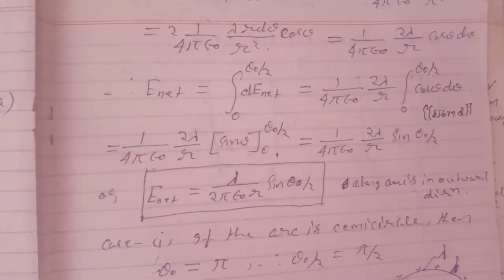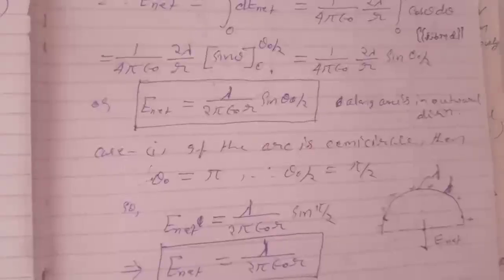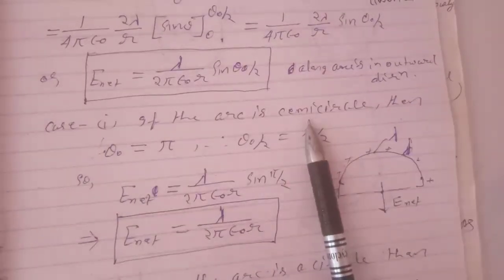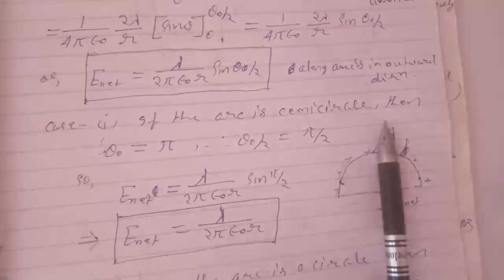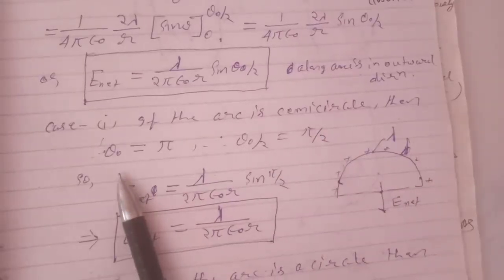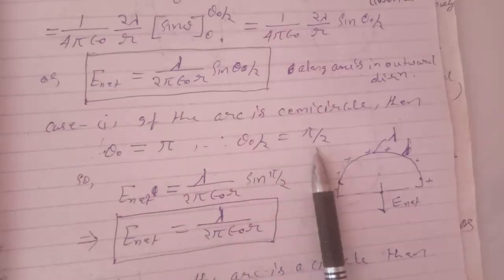Case 1. If the arc is a semicircle, then theta naught equals pi, and hence theta naught by 2 equals pi by 2.